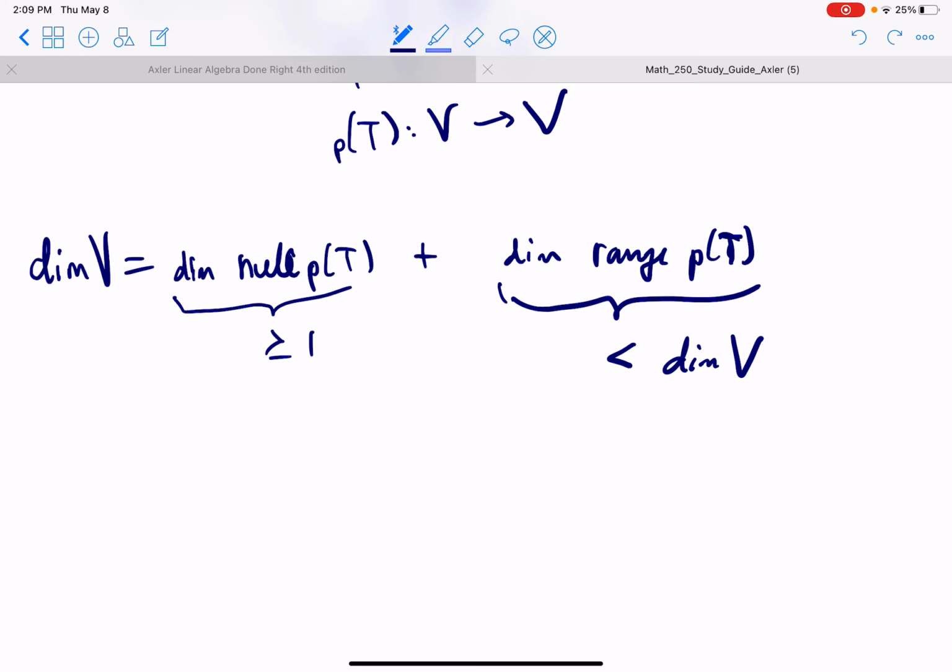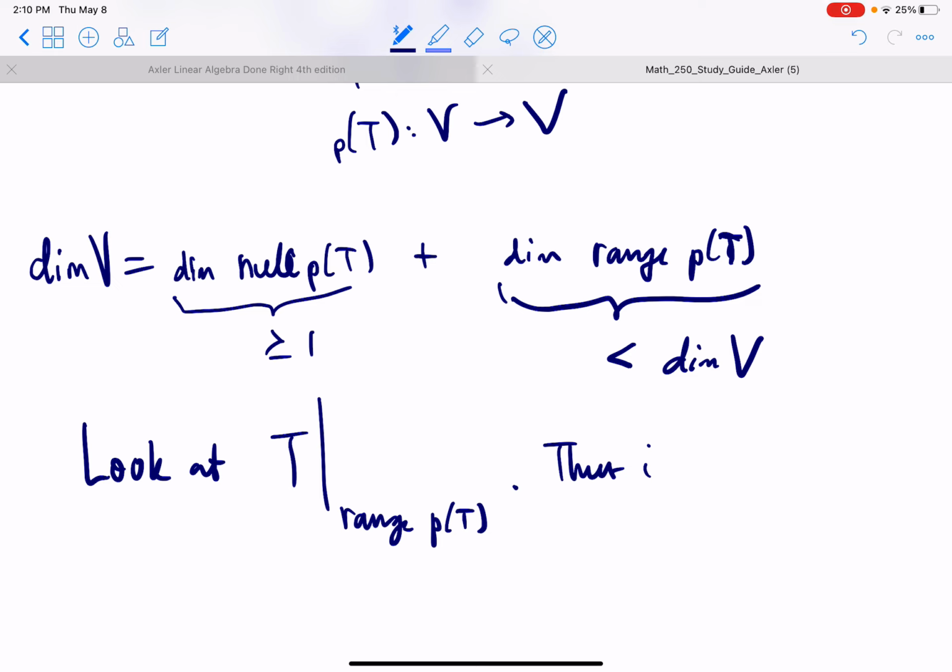Okay, so then look at T restricted to the range of p of T. Well, that's an operator on a smaller dimension. Thus, there exists a minimal polynomial there.